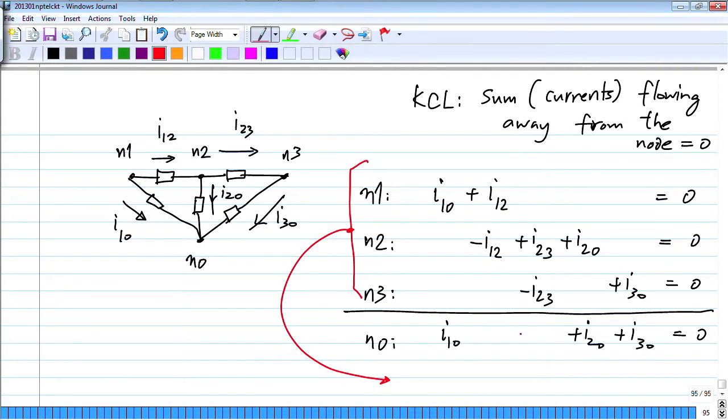What will I get? I10 and I12 will cancel with this minus I12, I23 will cancel with this minus I23, and we will have I20 plus I30 equals 0. So the KCL equation at node N0 is the same as taking all the other KCL equations and summing them together.